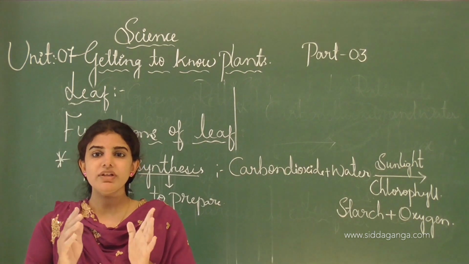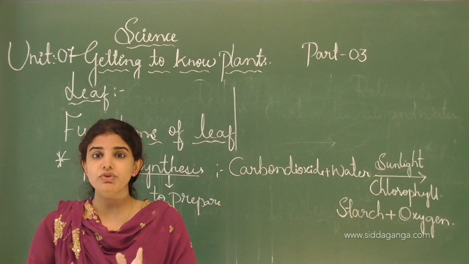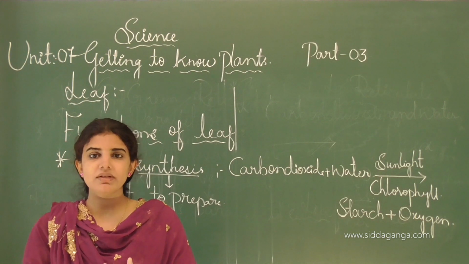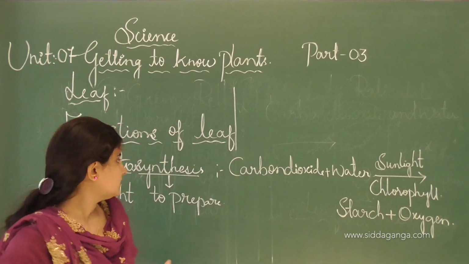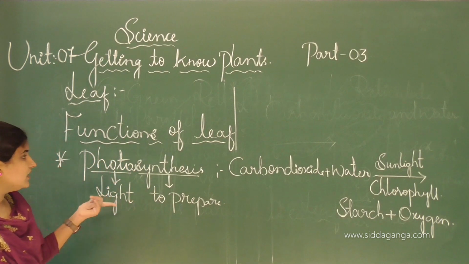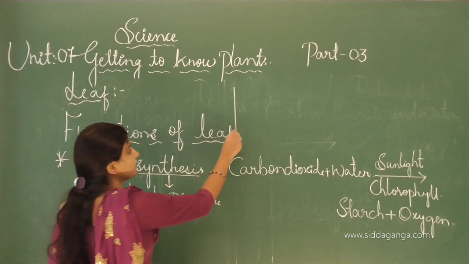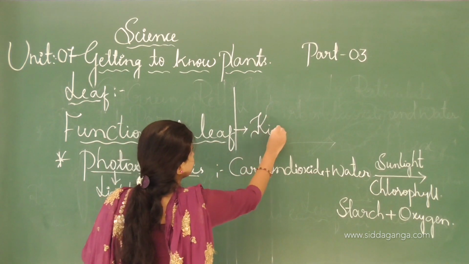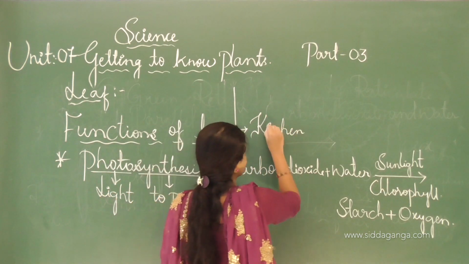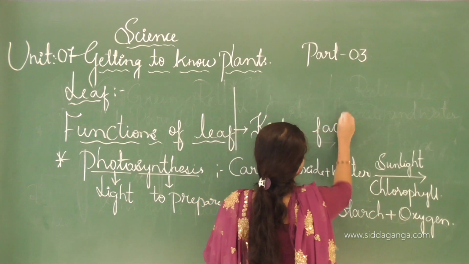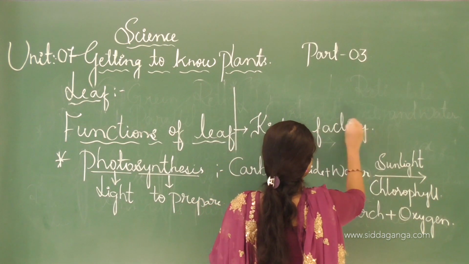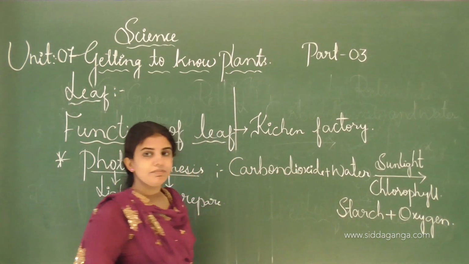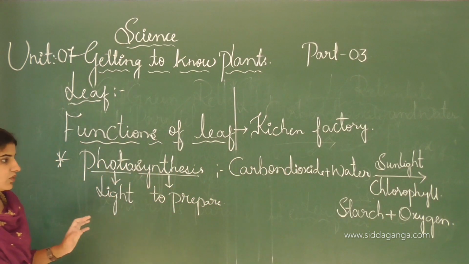In the plant's body, the leaf has the power to synthesize or prepare the food. That is why the leaf is also called the kitchen factory of the plant.